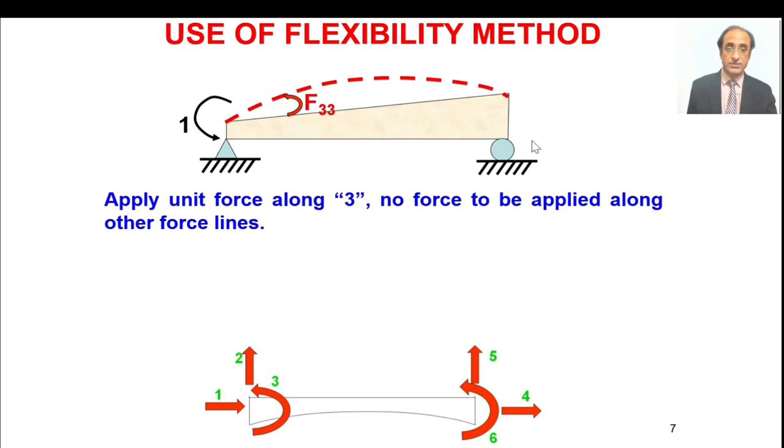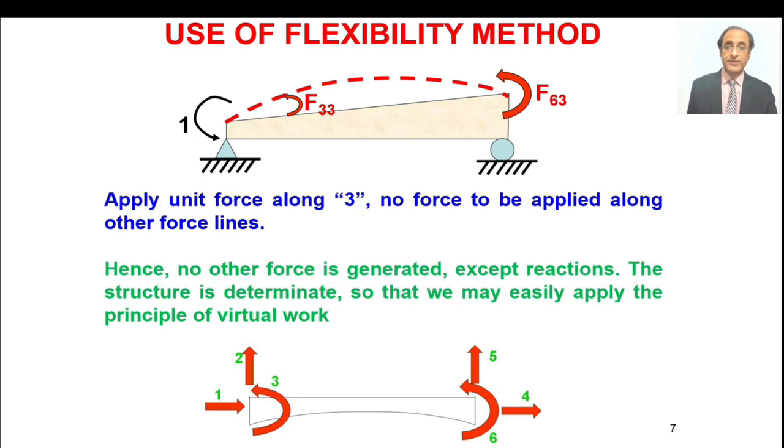Similarly, by this definition, the rotation in the anti-clockwise direction at the other end of the member, that is F66. So this rotation at the other end, this is F66. So here we assume that anti-clockwise directions are positive. Of course, here the member is bending such that at the other end the actual rotation is the other way, but that is not the positive direction.